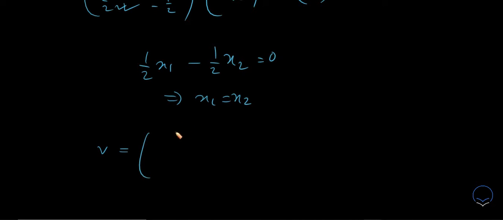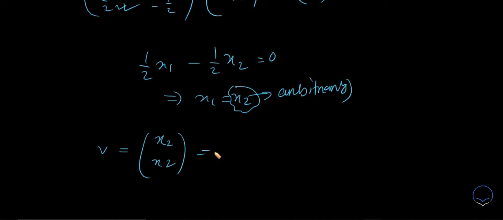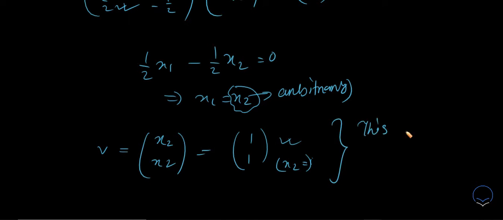Since x1 equals x2, instead of x1 I can directly write x2, and x2 is arbitrary, so you can choose any value of x2 you want. Let's just go with x2 equals 1, and this will yield (1, 1), and you can see that there is no way I can get another eigenvector from this. So this phenomenon is known as deficiency.